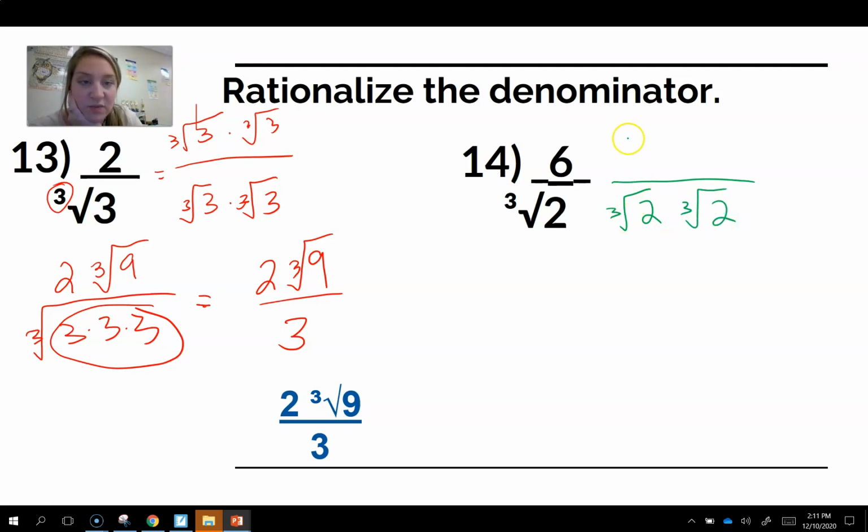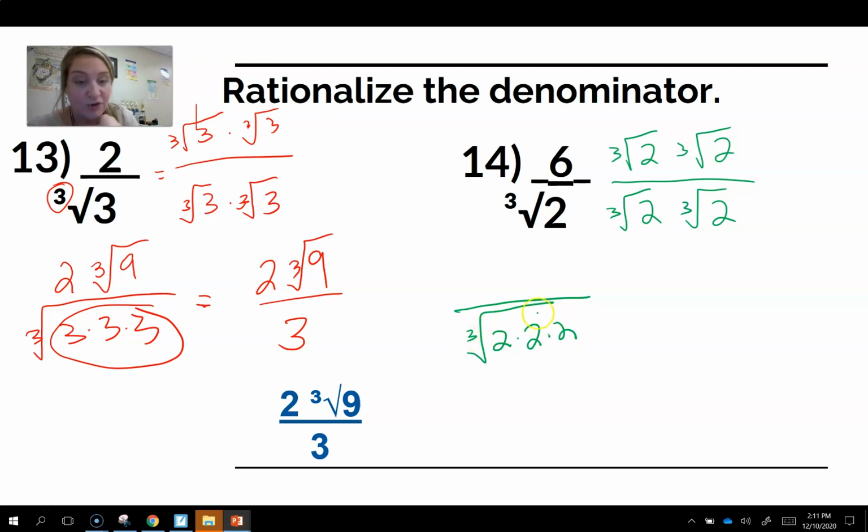Okay, if I do it to one piece, I got to do it to the other piece of my fraction. So my denominator is now the cube root of 2 times 2 times 2. I need a group of 3. I gave myself a group of 3. So the 2 gets to leave the radical. That's why we do it. Okay, so that way the radical itself gets canceled out.